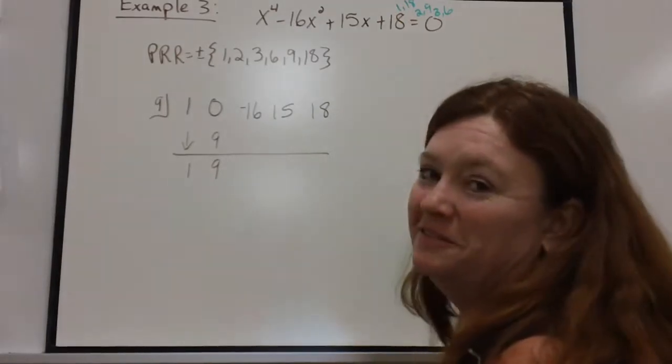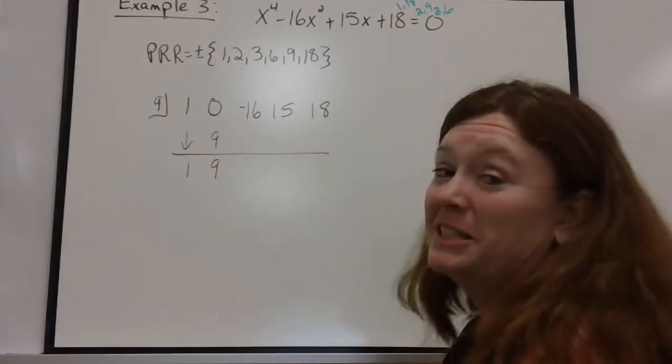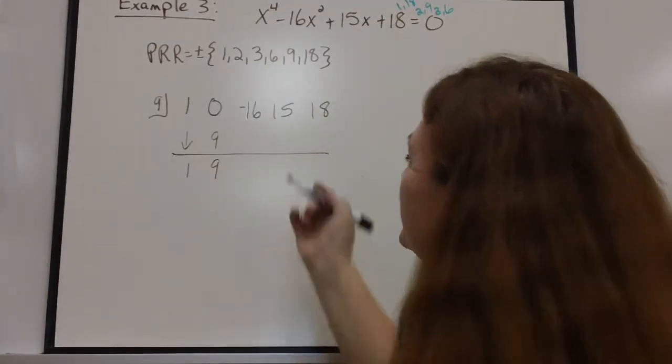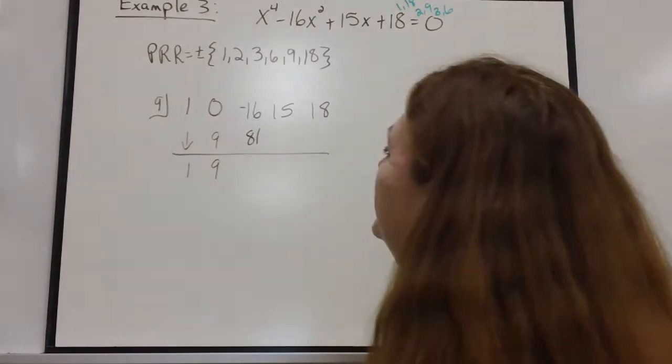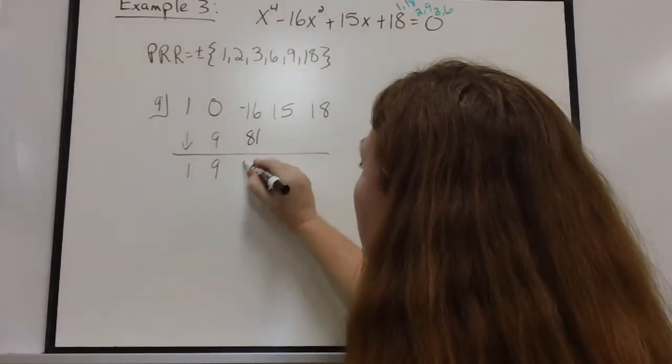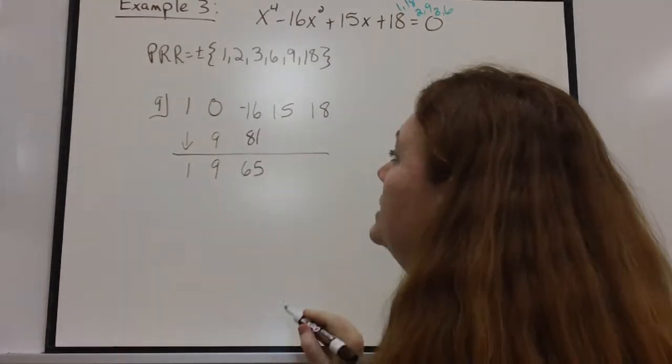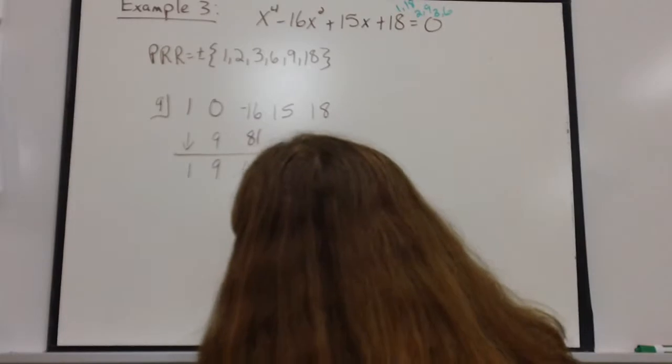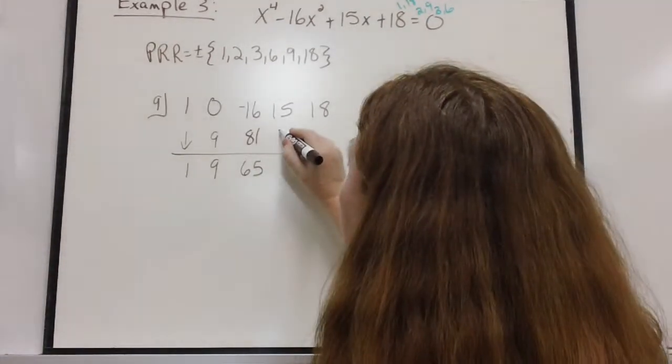Oh boy, here we go. I'm going to do this in my head. 9 times 9 is 81. Subtract, add, put them together, and I get 65. Times 9. 540 plus another 45 is 595.